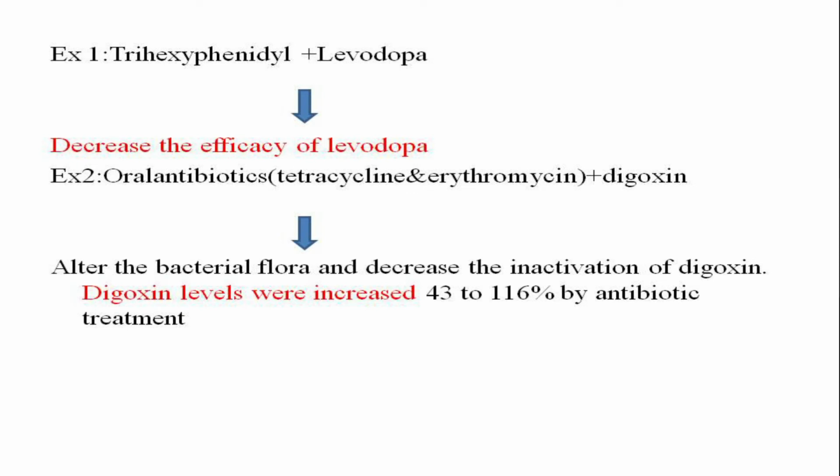For example, trihexyphenidyl when given with levodopa may decrease the efficacy of levodopa. Another example, oral antibiotics such as tetracycline and erythromycin, when combined with digoxin, may alter the bacterial flora and decrease the inactivation of digoxin.